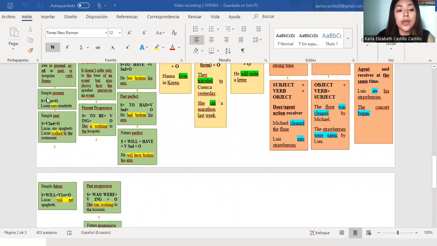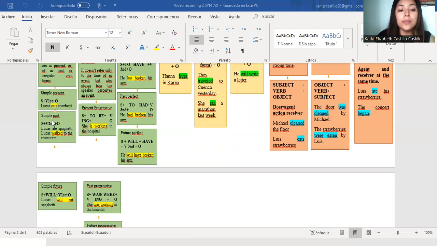I include the grammatical rules to write sentences in simple present. It's necessary to follow the rule: subject, verb in the first person, and object. For example, Lucas eats spaghetti.